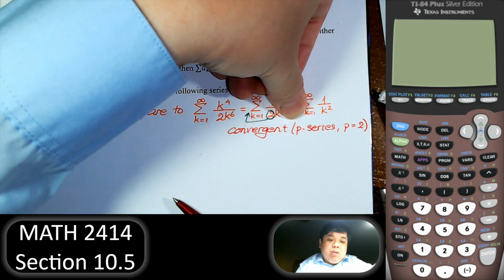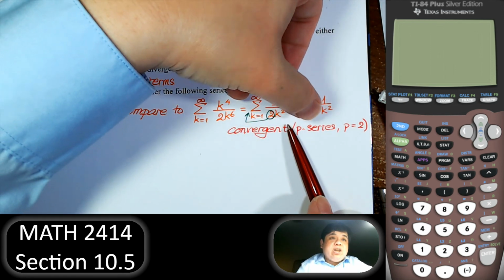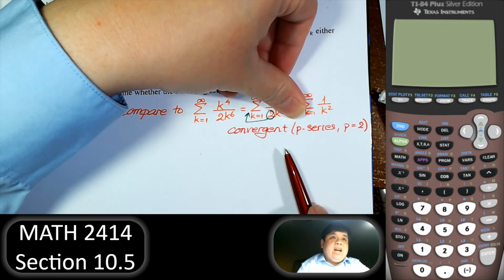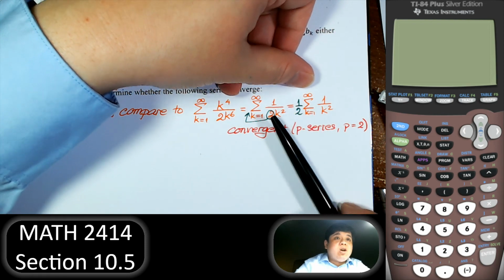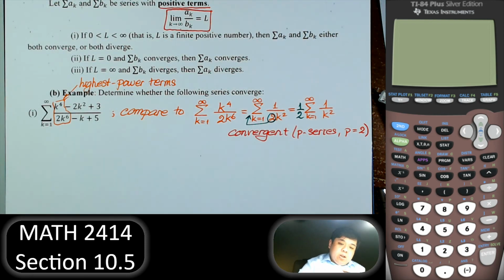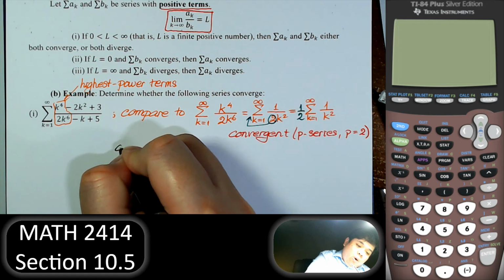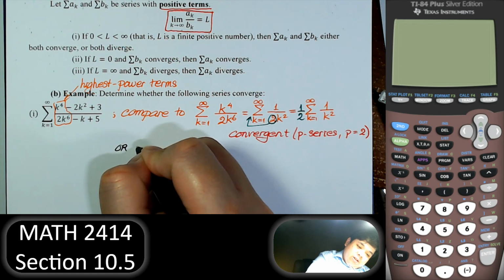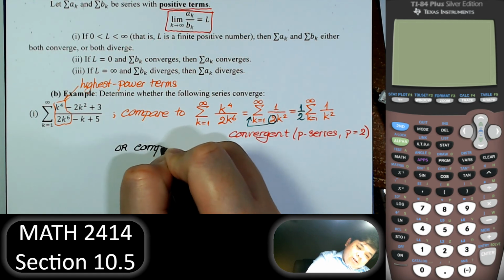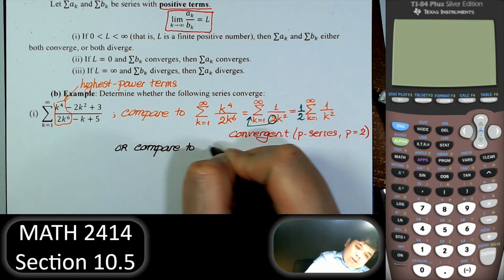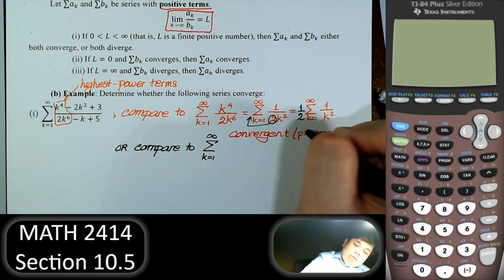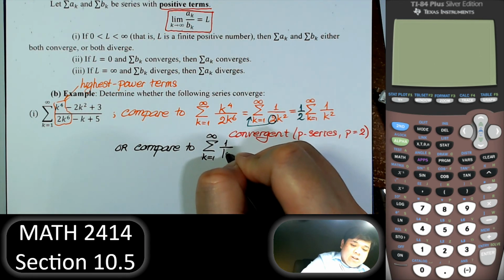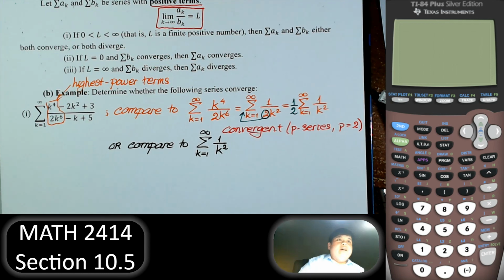We can completely ignore it, and we can just choose 1/k squared. Let's just go with that. Like I said, the coefficient here doesn't do much to the series. So we can just drop the 1/2. It doesn't matter. We can just compare to this.